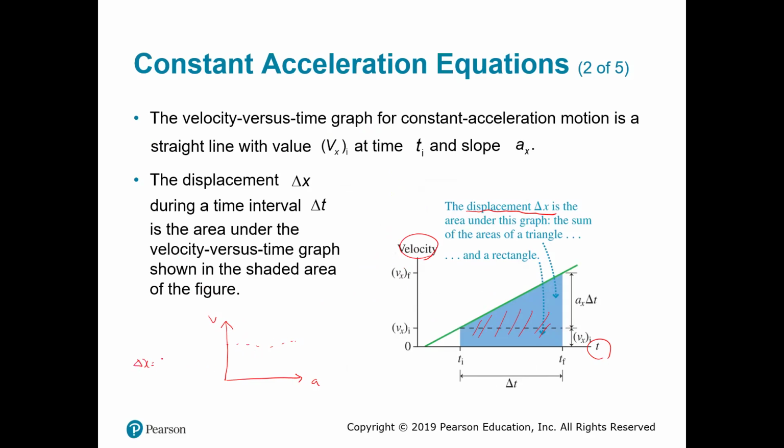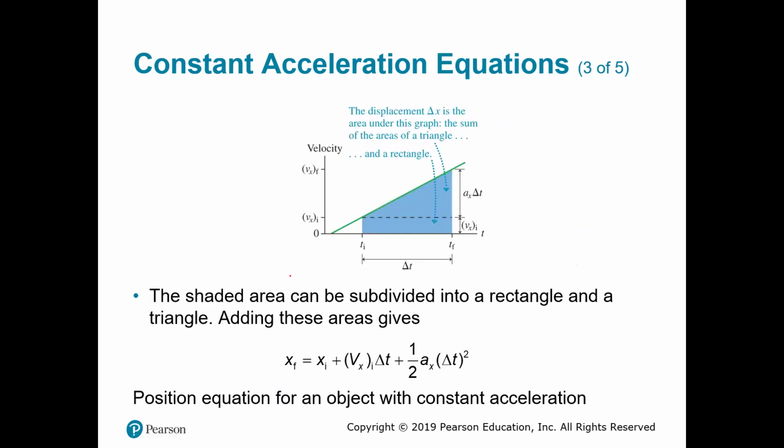Your displacement is simply velocity times time, right? That is the area under the graph: v is the height and t is the width. Sorry, this is not an acceleration axis, this is the time axis. So that area is going to be your displacement on that v-t graph, right?